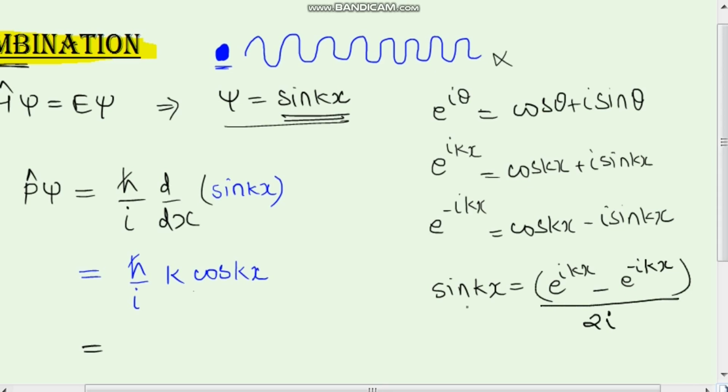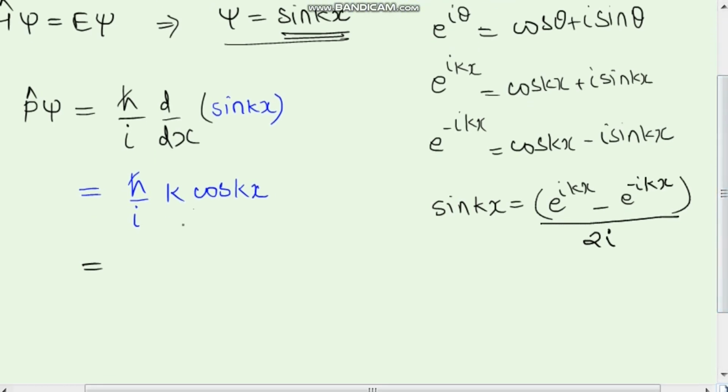Yes, that's correct. So that's how you can write sine kx in terms of exponentials. And let's just put it here.